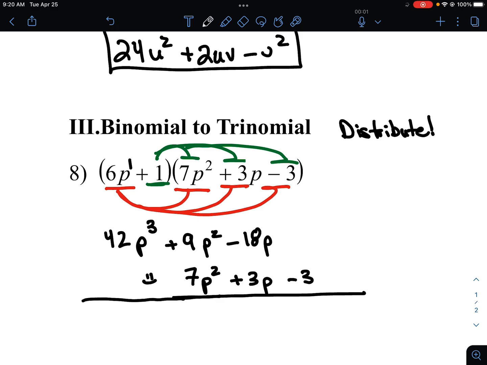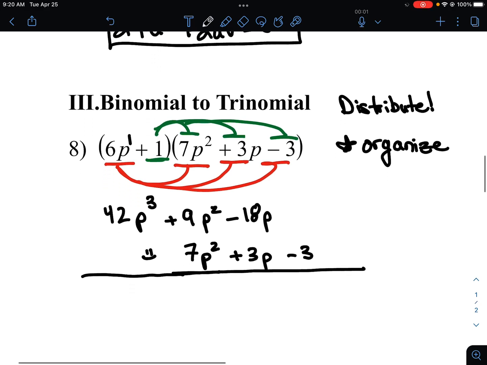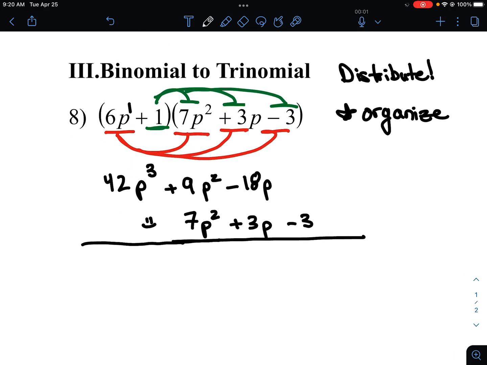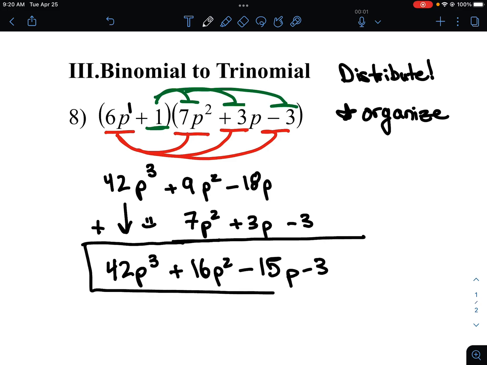So I would recommend distribute and organize. When everything is lined up, it's real easy to add. So we just add down, and we have 42p to the third plus 16p squared minus 15p and minus 3. And there you have it. So organize, take your time, and distribute.